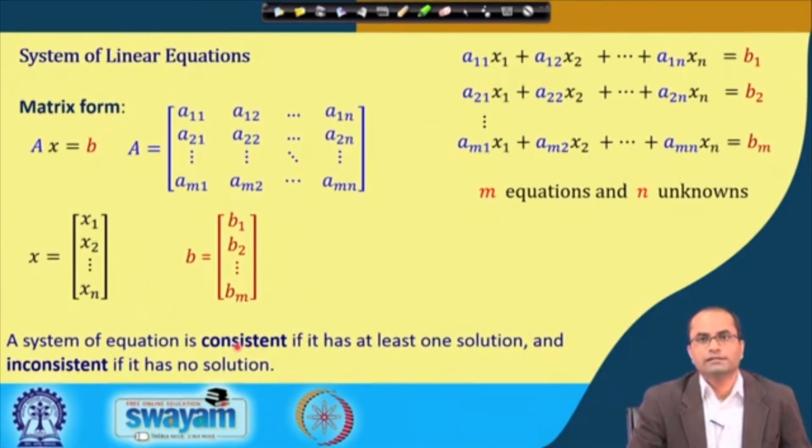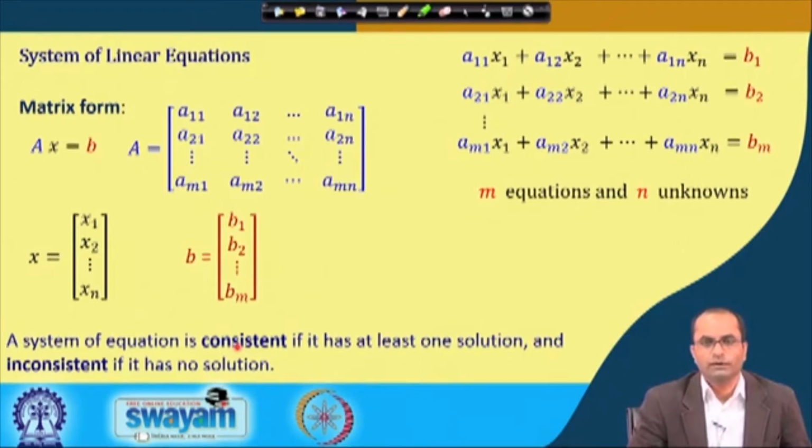One, that the system does not have a solution at all. The second, it has a solution and it is unique. The third one, it has solutions and they are infinite in number, so infinitely many solutions. These are the three possibilities for a system of linear equations, and we will also look at their interpretation.